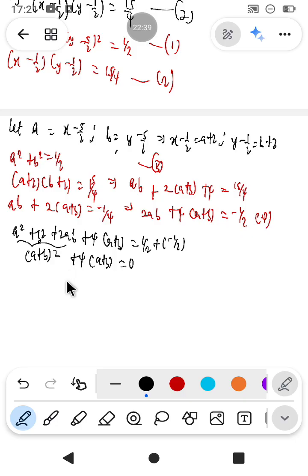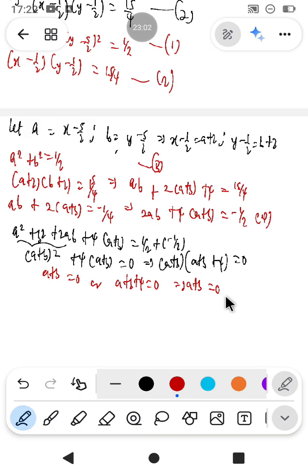So what do we notice here? A + B is common, so we can factor out A + B. This implies (A + B)(A + B + 4) = 0. So this implies A + B = 0, or A + B + 4 = 0. That is, A + B = 0, or A + B = -4. So let's call this equation 5.